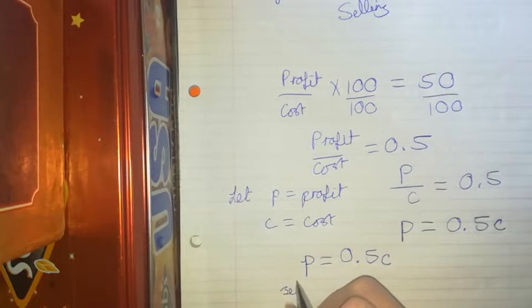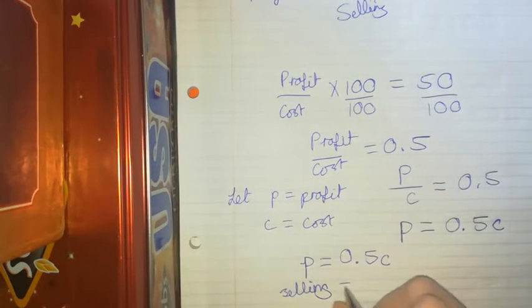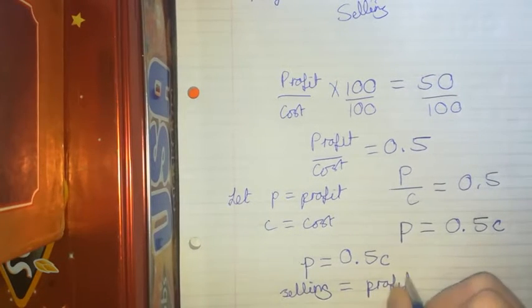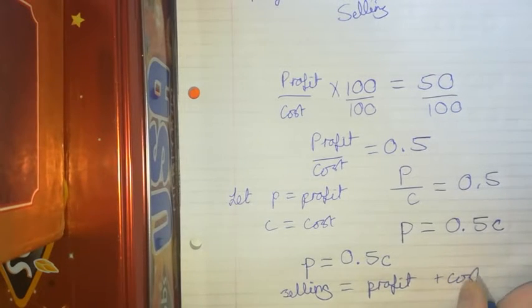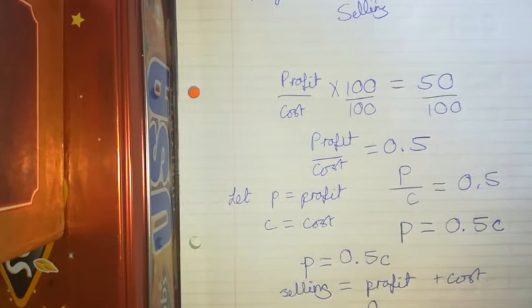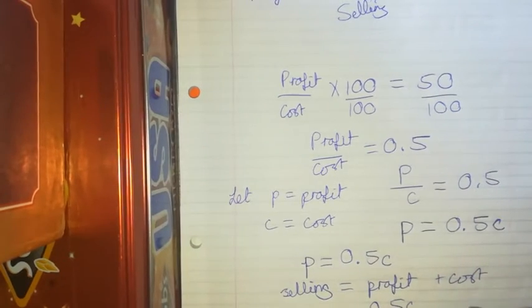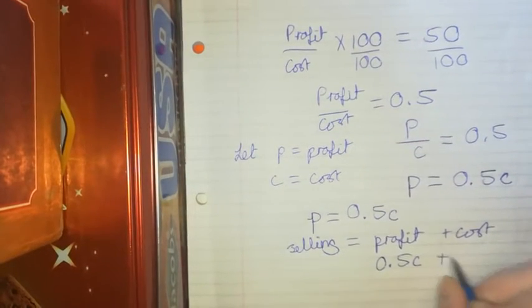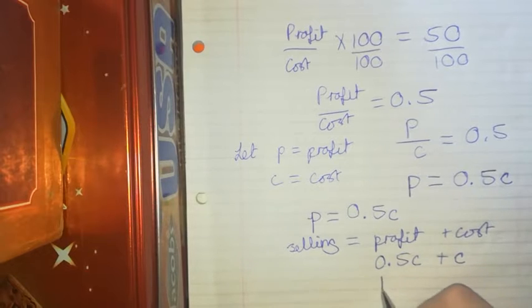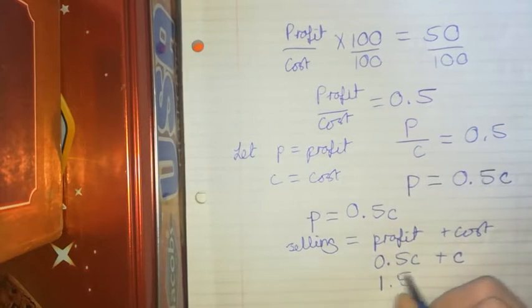The selling is going to be the profit plus the cost. So it's the profit, which is 0.5c, plus the cost, which we let equal c. So the selling is 1.5c.